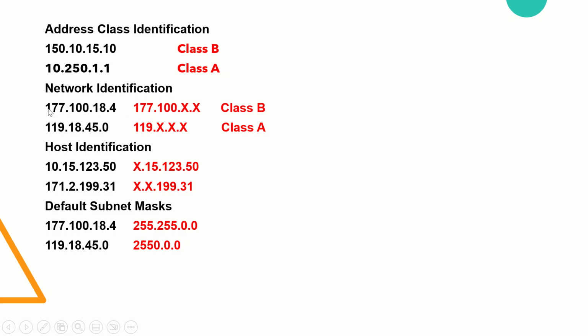First, you should say whether it is class A, class B, or class C. Clearly this is class B, and because it's class B, the network portion is 177.100. And for 119.18.45.0, only 119 is the network portion because it's class A.